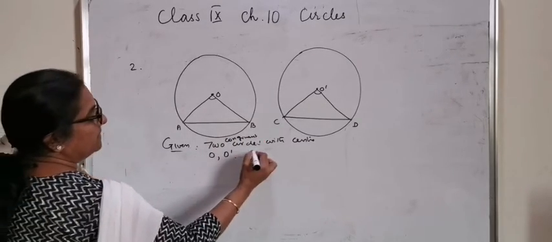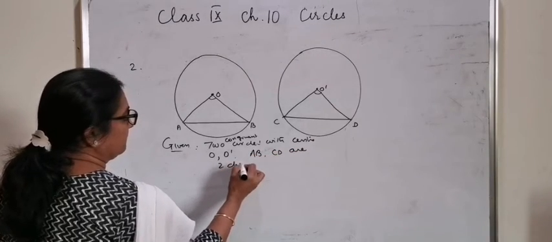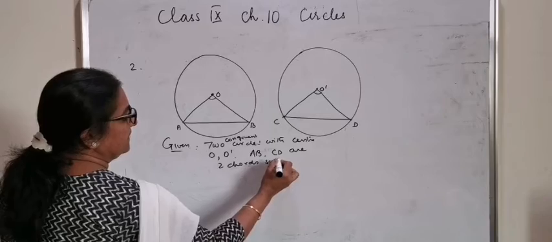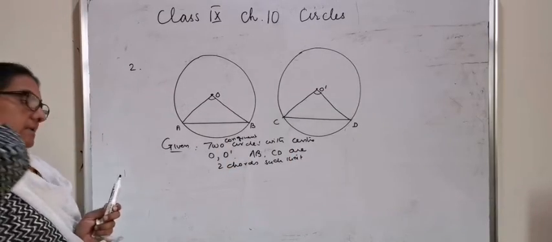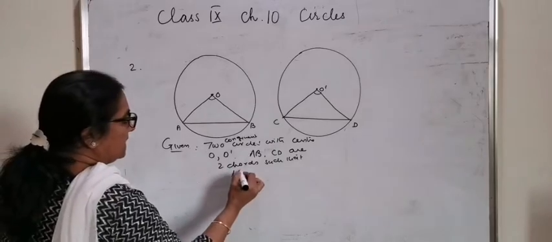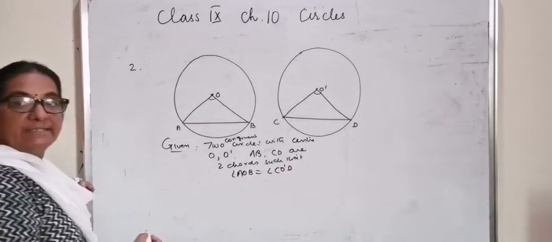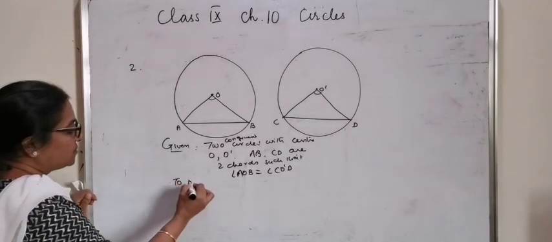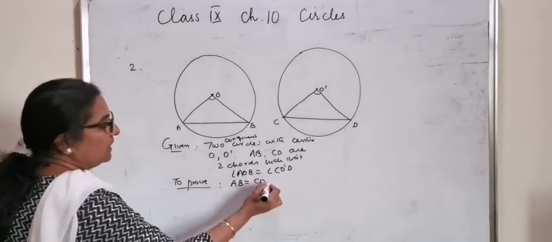And AB and CD are two chords such that the angles subtended by them are equal, which shows that angle AOB is equal to angle CO'D. And what is to prove is the chords are equal.